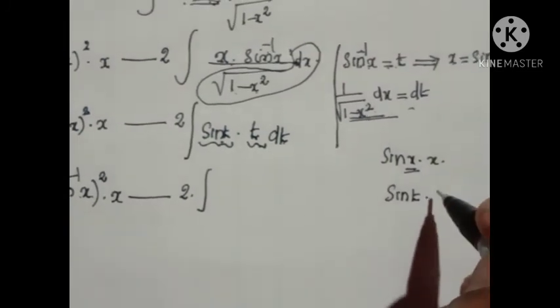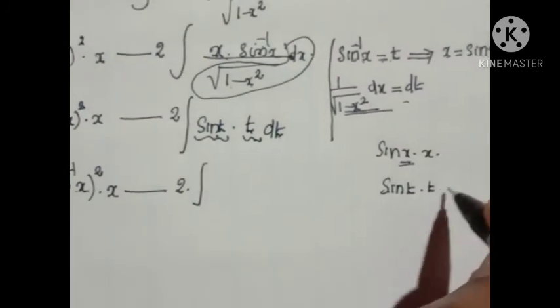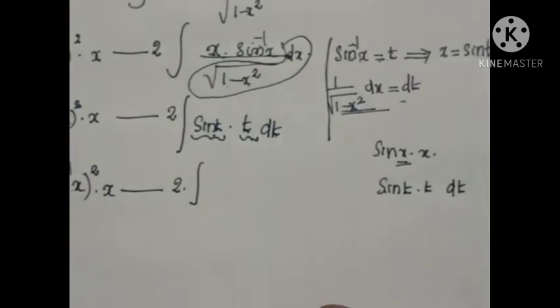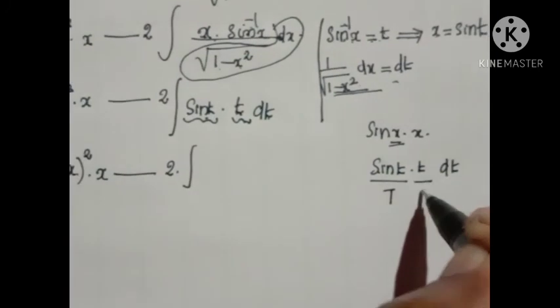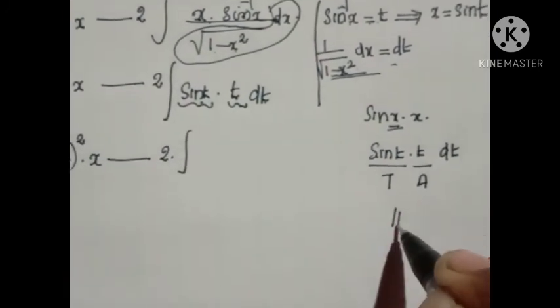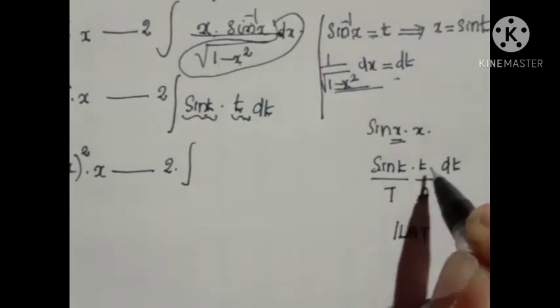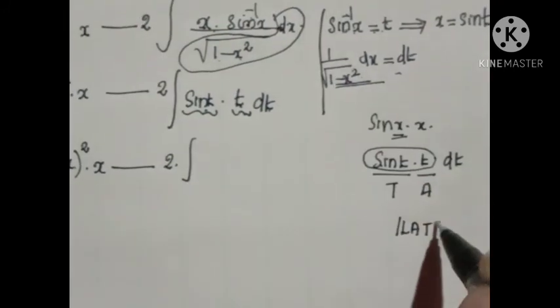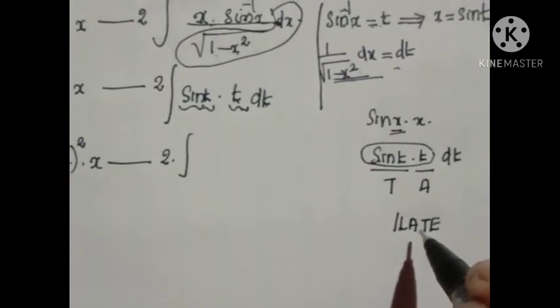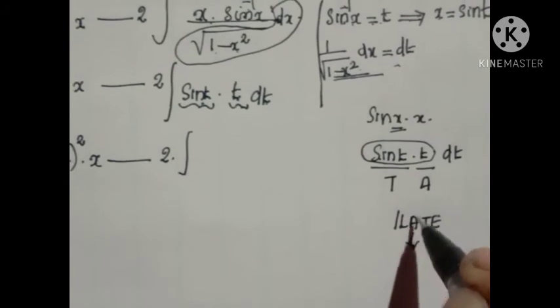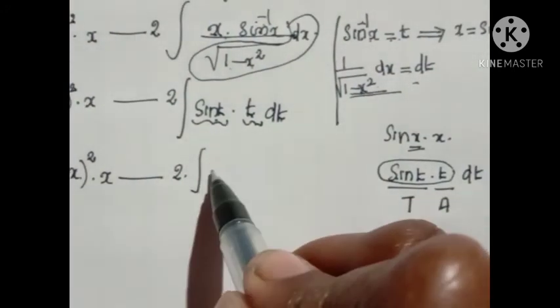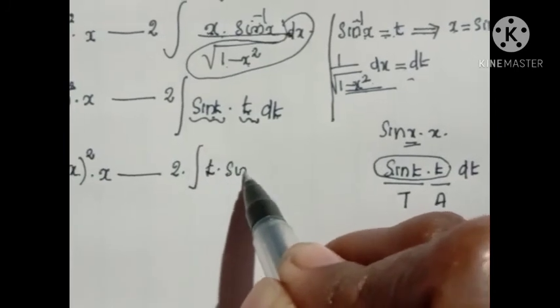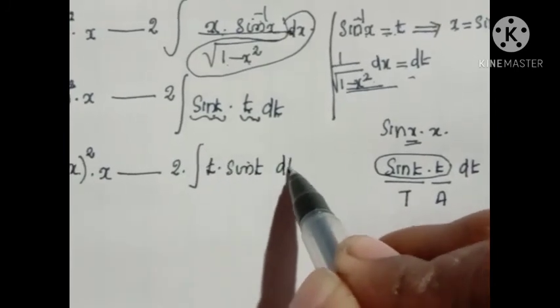That's the only difference here, and we integrate this function with respect to t. It's clear? So we need to integrate this integrand as per our ILATE rule. As per the ILATE rule, we need the algebraic function first, then the trigonometric. So rearrange it: it is t into sine t dt.